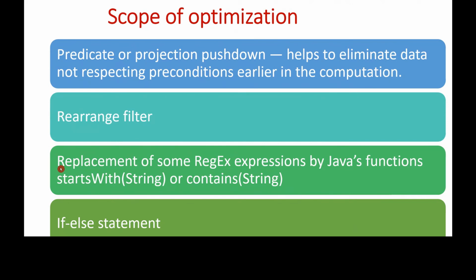Another example where we can apply optimization is regular expressions in Spark. Now, a regular expression is a very costly operation in Spark. When we submit code in any language, let it be PySpark or Scala, internally it will go through multiple stages, and finally it will be converted into Java bytecode, because the executor is running on a JVM process.